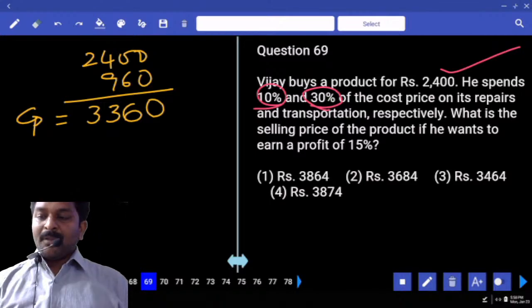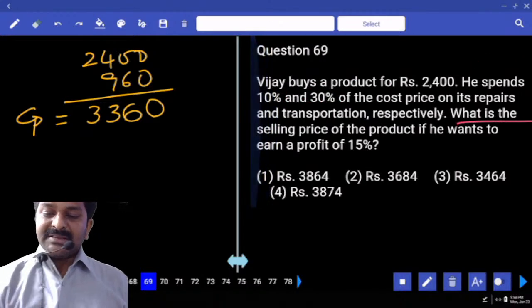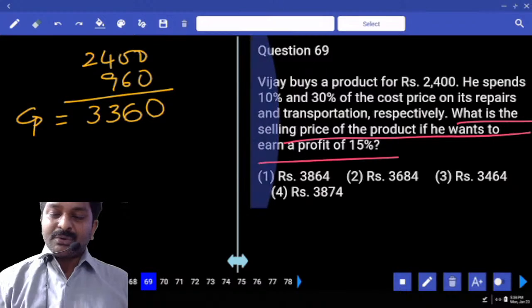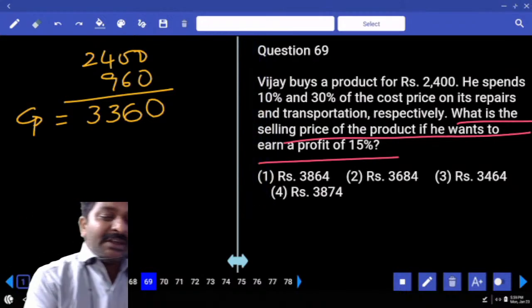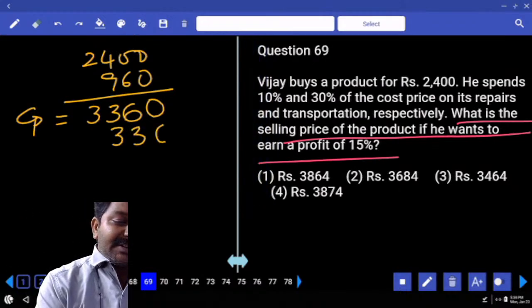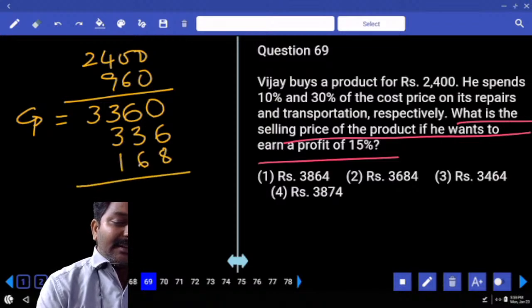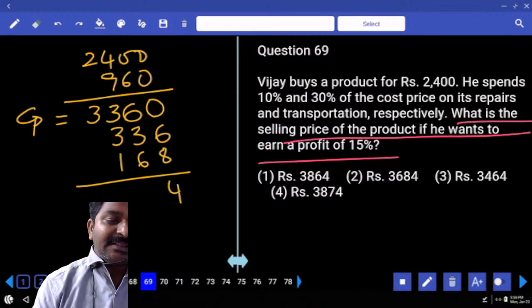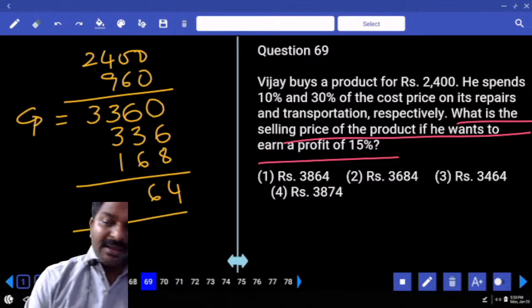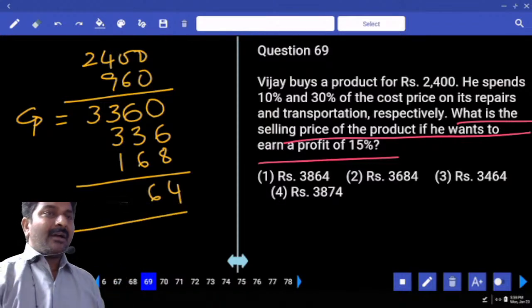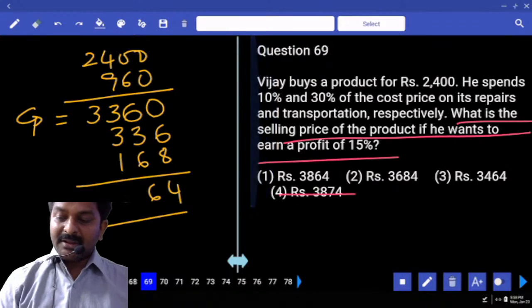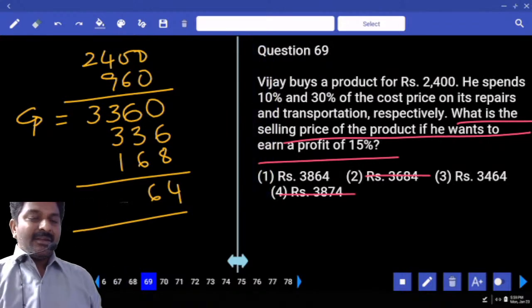Agreed? Now, what is the selling price of the product if he wants to earn a profit of 15%? What is 10%? 336. 5%? 168. Then, this is 4 times. All options are there. 6 times, again all options are there. 2 options are there.